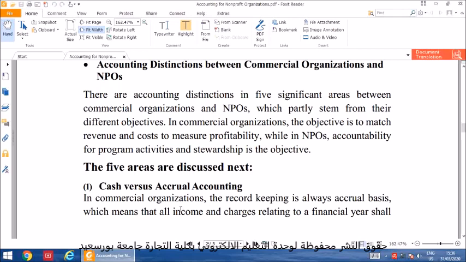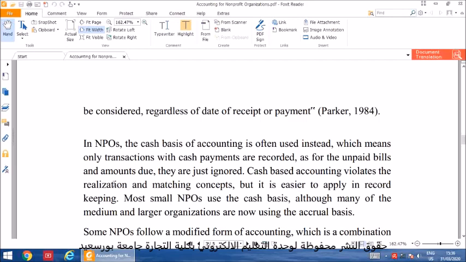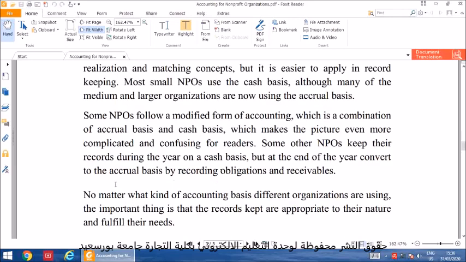Commercial organizations use accrual basis. NPO use cash basis. But also we need to distinguish between small NPO and medium and larger NPO. Also, we mentioned a modified form of accounting, a combination of accrual basis and cash basis.